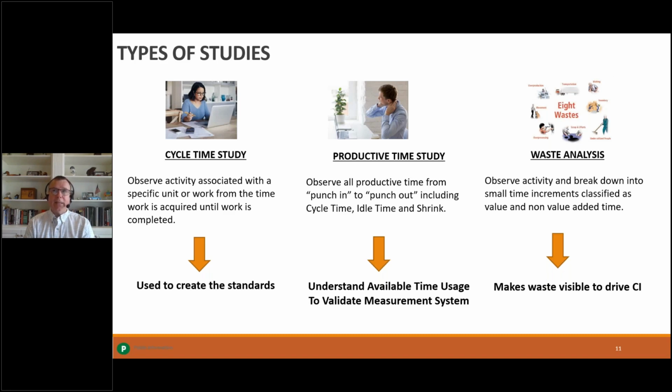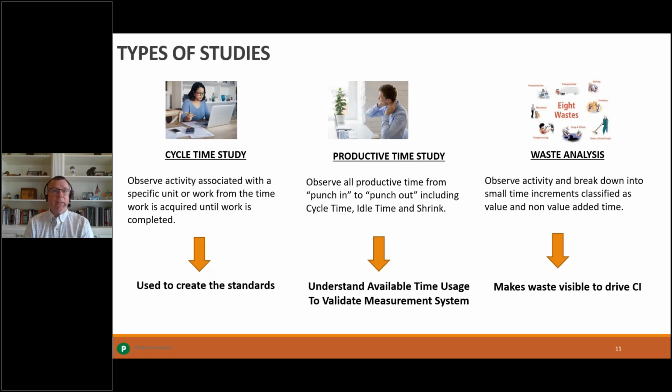They need to see evidence, and they need to see proof. They need to believe. And so one of the things that we'll do is what we call a productive time study. We'll take the cycle time that we create, that we measure, and we will map that to the variables that they use to capacity plan.